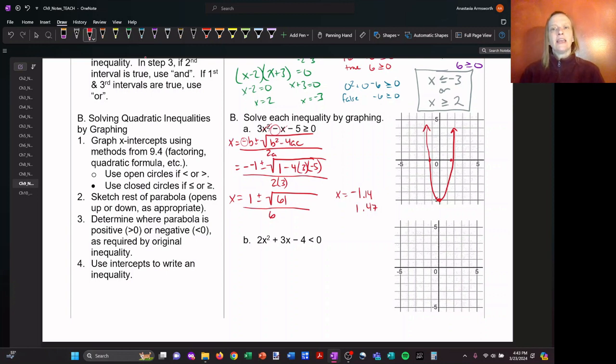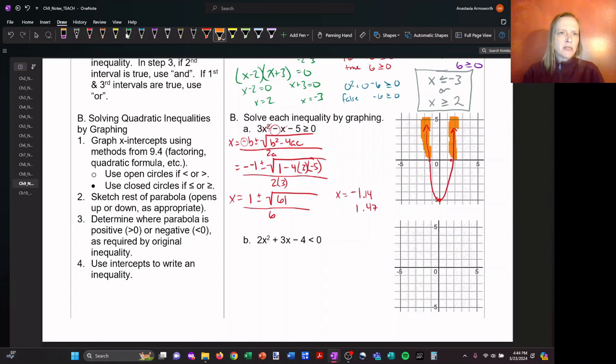And I can now look graphically at where is my parabola greater than 0? Where is my parabola above the x-axis? And I can see that my parabola is above the x-axis at these extreme versions, when I'm less than that lower x-intercept and when I'm greater than that higher x-intercept.